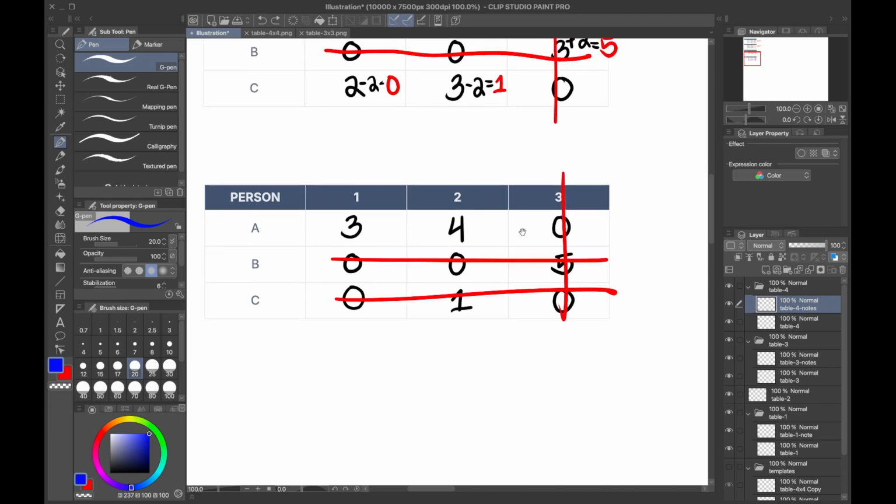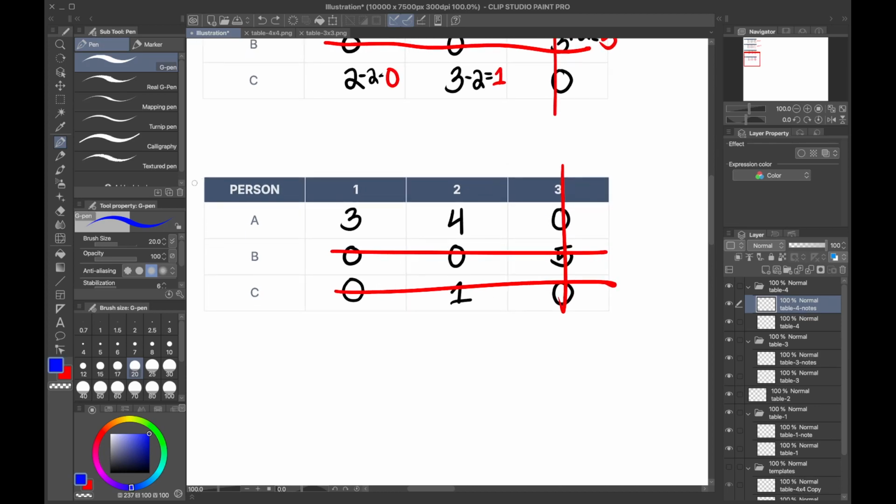And remember, in assignment method, it's 1-to-1, meaning one person can only get 1 project. It can be project 1, 2, or project 3. In this case, since zeros represent valid available options, A will now get project 3.